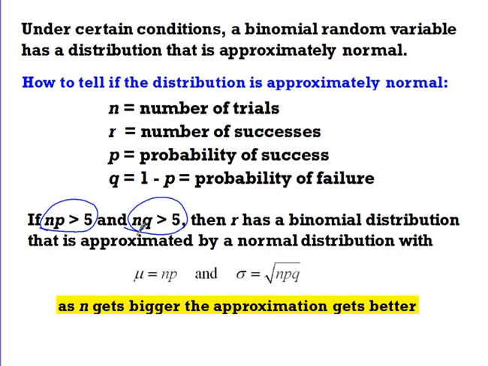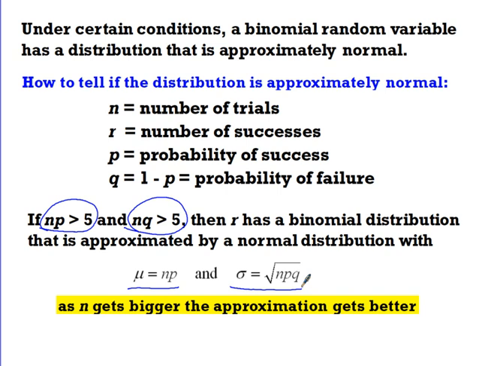It's going to help us look at the Z table to find the area underneath the curve. You're going to need a mean and standard deviation. So here's the mean for a binomial distribution, and here is the standard deviation for a binomial distribution. Now, as N gets greater, the better it is and the easier it is to use this.